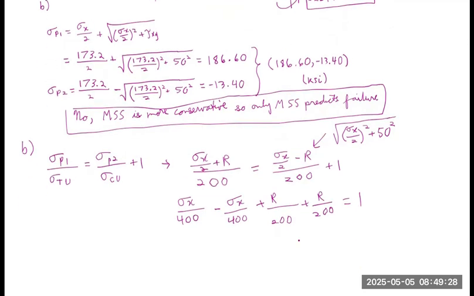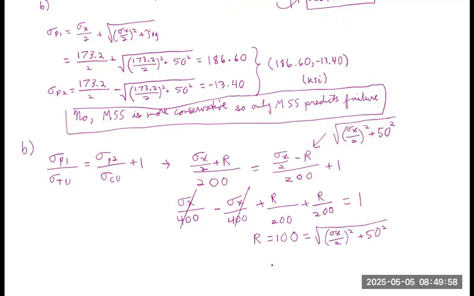And note that certain things cancel out nicely. These two cancel out, and R plus R over 200 is 2R over 200, which is simply R over 100. So R over 100 equals 1, which implies that R is equal to 100. Now we can plug in our value for R, which is the square root of sigma x over 2 squared plus 50 squared.